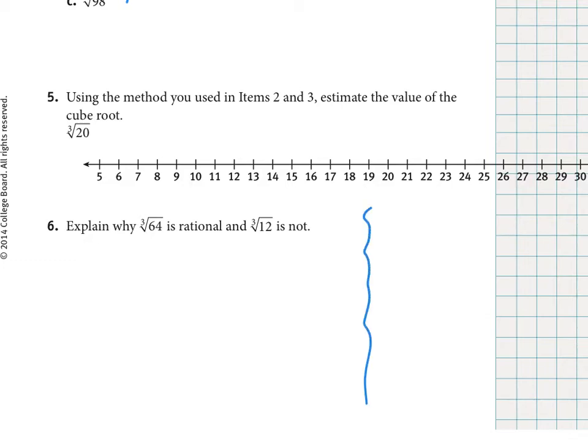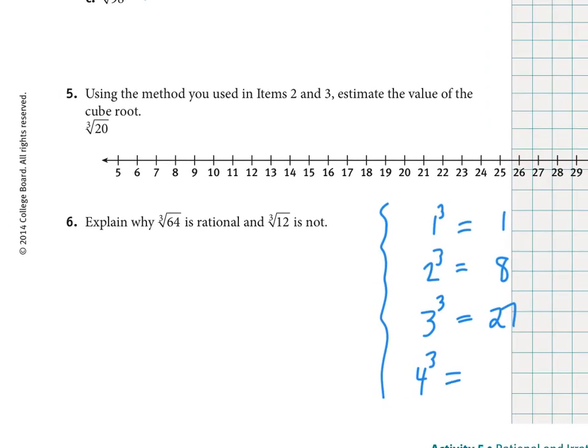Some of the perfect cubes: 1 to the third power, 1 times 1 times 1 is 1. 2 to the third power, 2 times 2 is 4, times 2 again is 8. 3 to the third power, 3 times 3 is 9, times 3 again is 27. 4 to the third power, 4 times 4 is 16, times 4 again is 64.